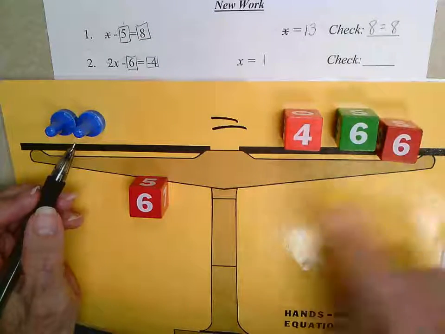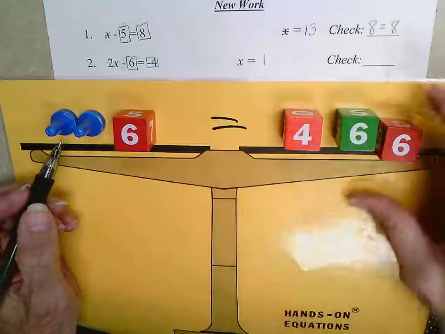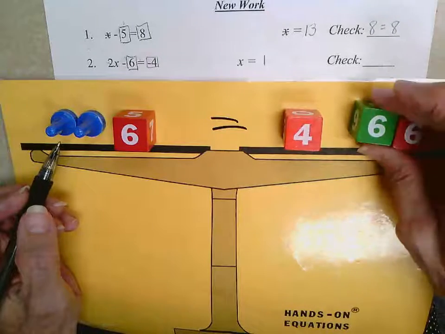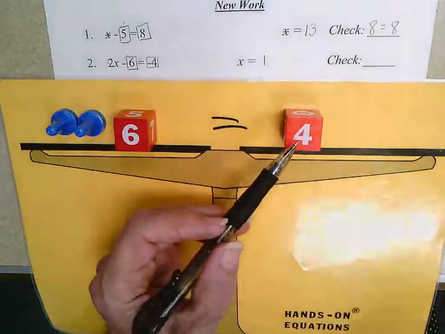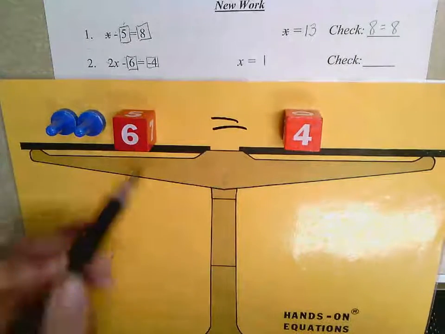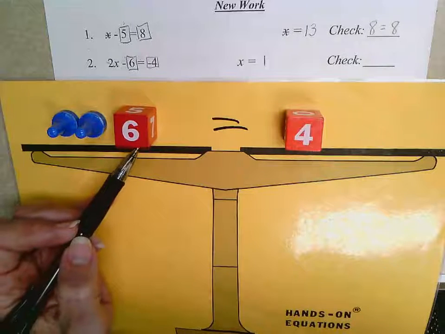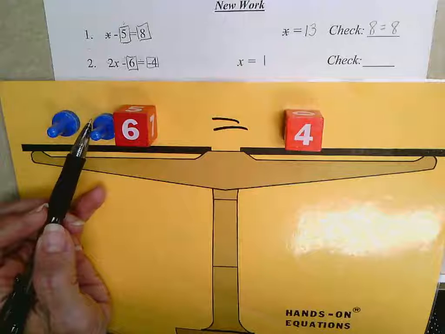So now to do my check, I'm going to move things back up. Well, I've got a 0 pair right here, so that's nothing. I can slide that off. I've got -4 on this side. Let's see what I have on this side. I've got a -6 and a +1.